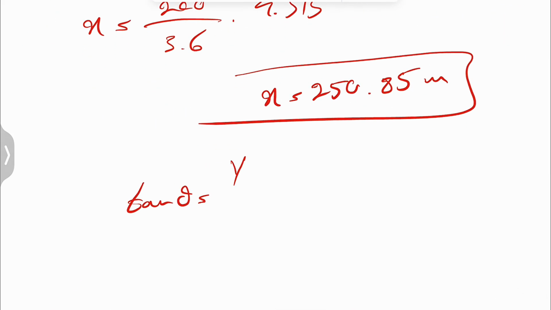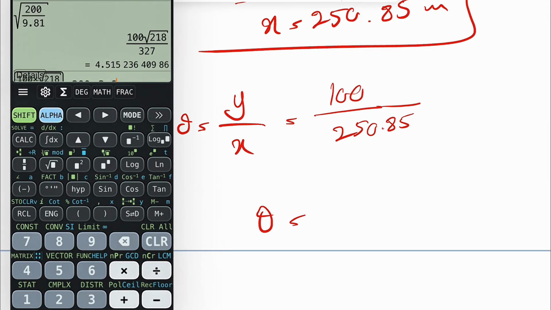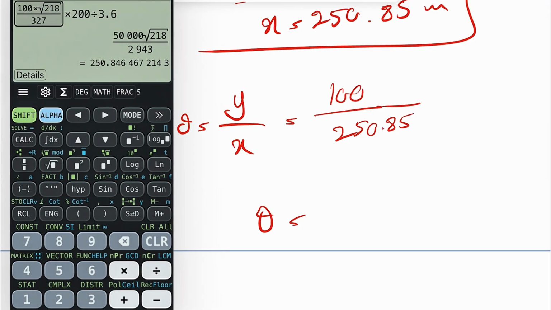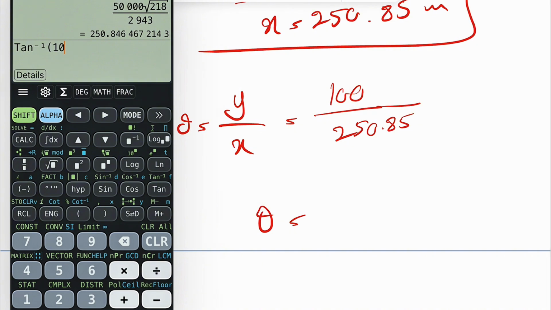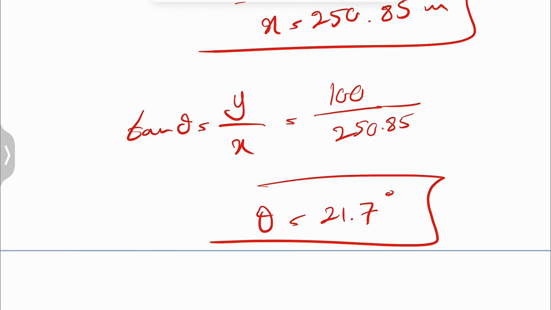So basically y over x, or 100 over 250.85. I just want to get more accurate values. So all we need to do is find the inverse tangent of 100 divided by our answer, and the angle would be 21.7 degrees, the final answer for this question.